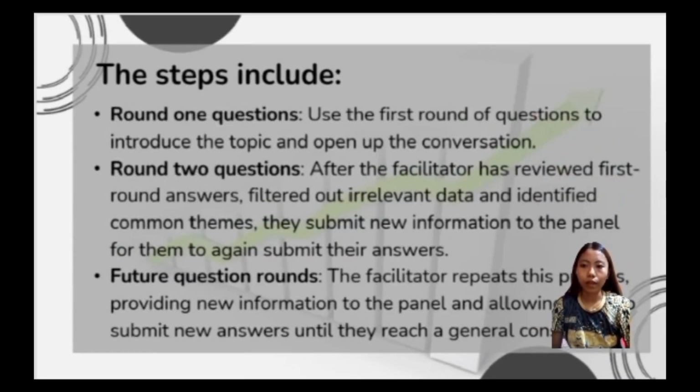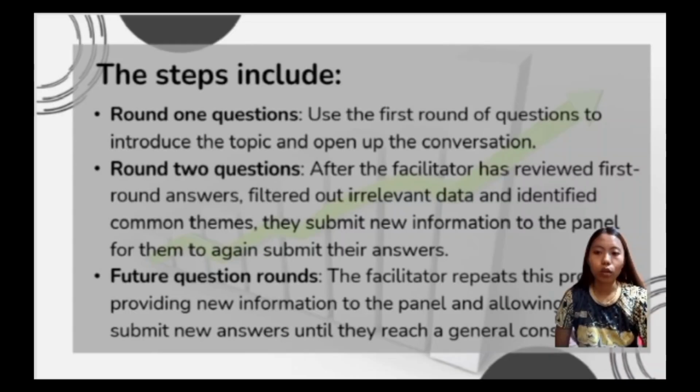Next is round 1 questions. Use the first round of questions to introduce the topic and open up the conversation. So you have to ask the first or main question about what the problem really is. This is also to open up the conversation.